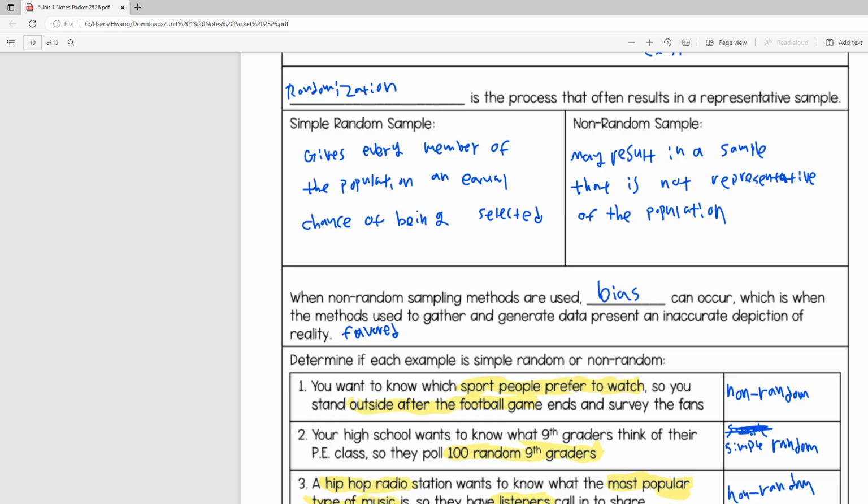A local business wants to know about employee satisfaction. They choose 25 names out of a hat to survey. Absolutely, this is a good example for a simple random sample. Because again, these people want to know about their employee satisfaction. How are they collecting data?